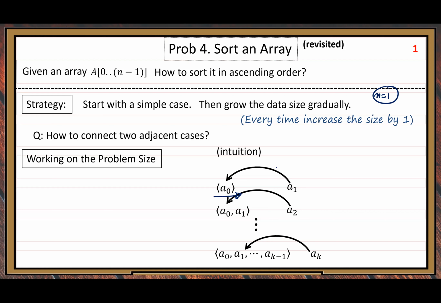Keep doing. For this general step, make A sub k, the new element, join the current ordered array after a certain number of comparisons, right?